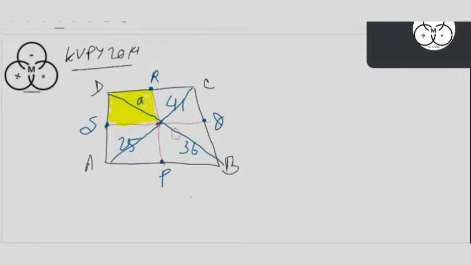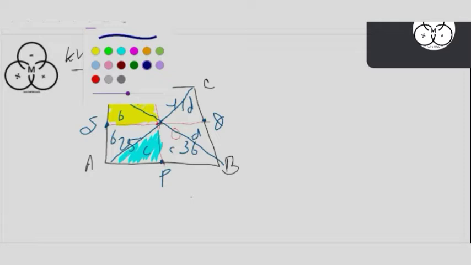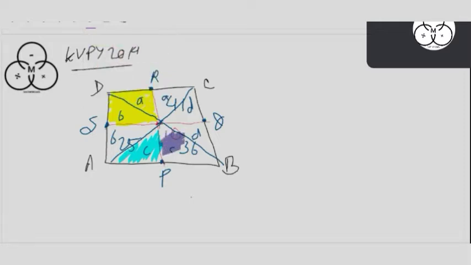The area of this part, say A, this is B, this is C, this is D. The areas of these halves are equal. Area of this part and area of this part are equal since P is the midpoint.